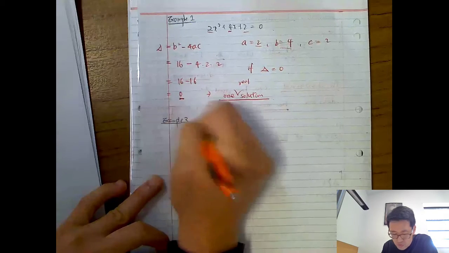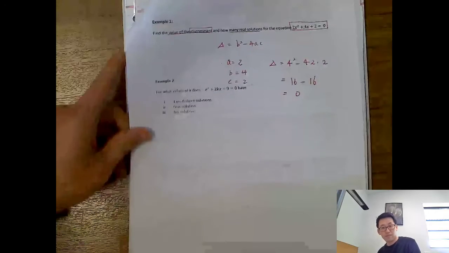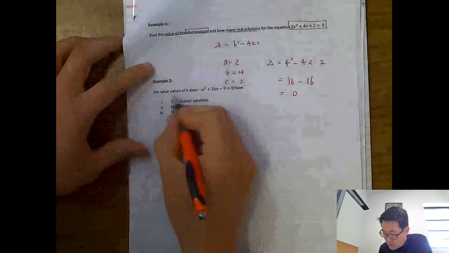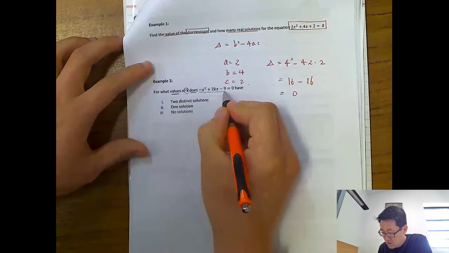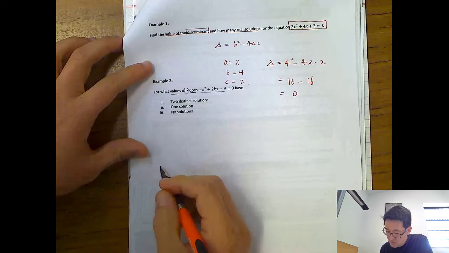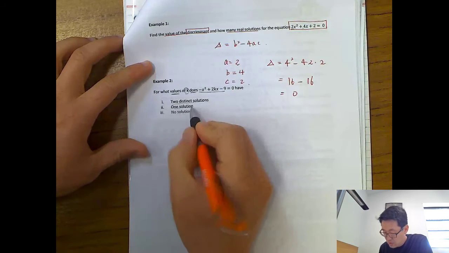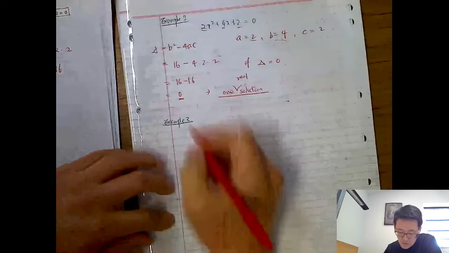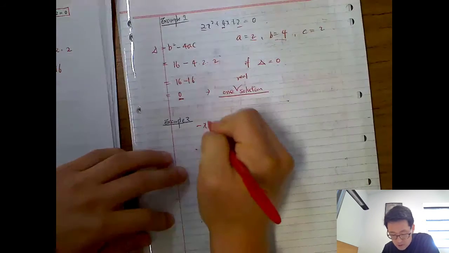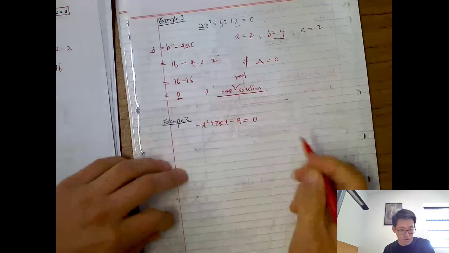Move on to example 2. For what value of k does this equation have two solutions, one solution, and no solution? This kind of question, I'll copy that. Minus x squared plus 2kx minus 9 equals 0.